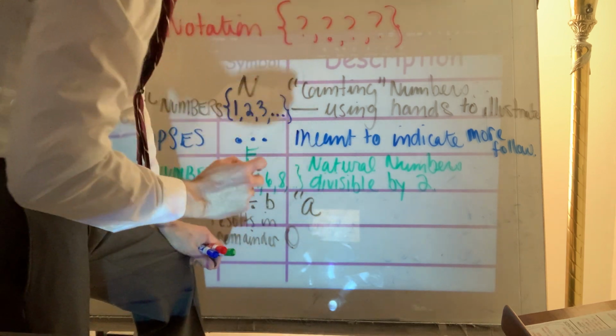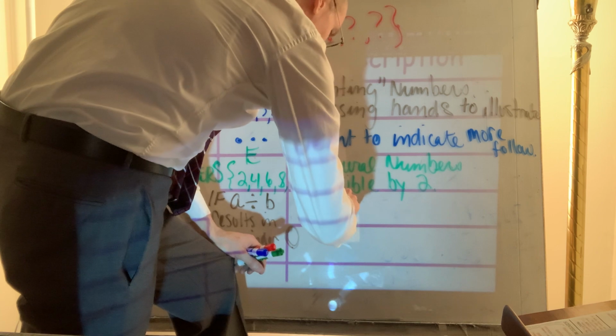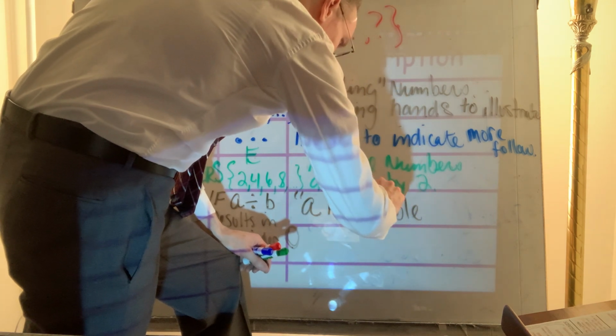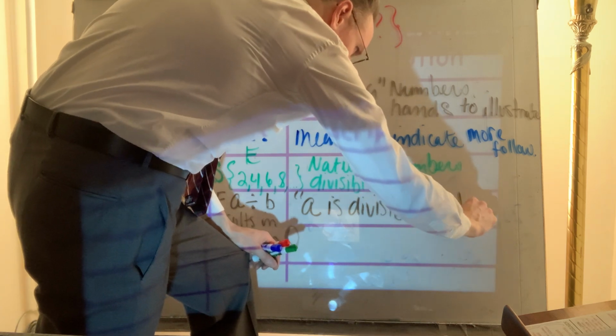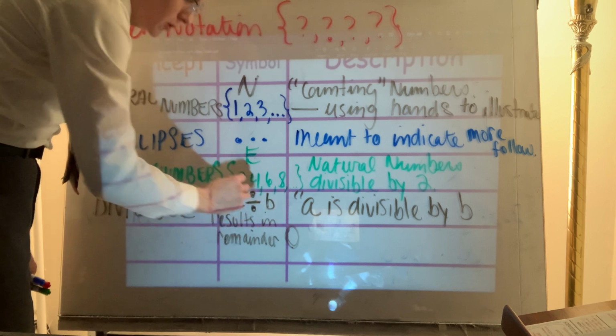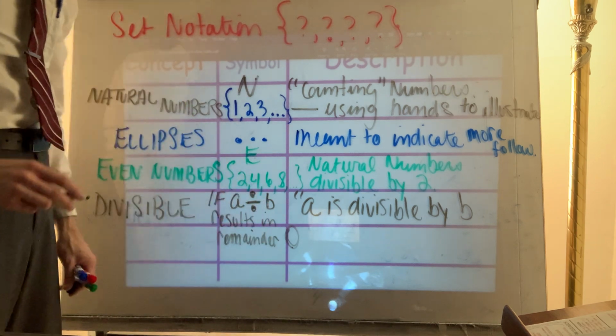A is divisible by B, meaning the second thing in sequence here. Remember, these are not commutative. The order definitely matters.